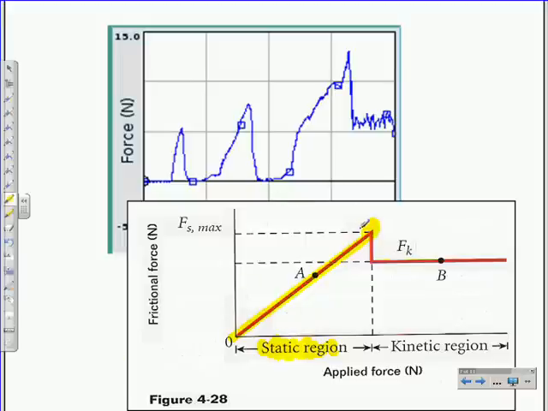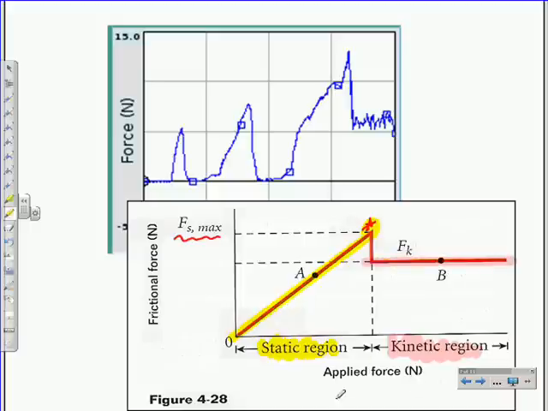All right, let's give it a star. We have hit the maximum static friction value that is available between that object and that surface. Now, our frictional force dives down and becomes a constant value. We have entered the kinetic region, the kinetic region implying that that object is moving. Notice that the frictional force remains constant through this section right here.